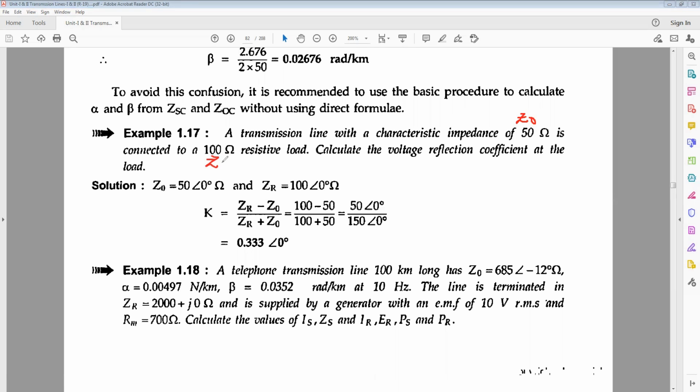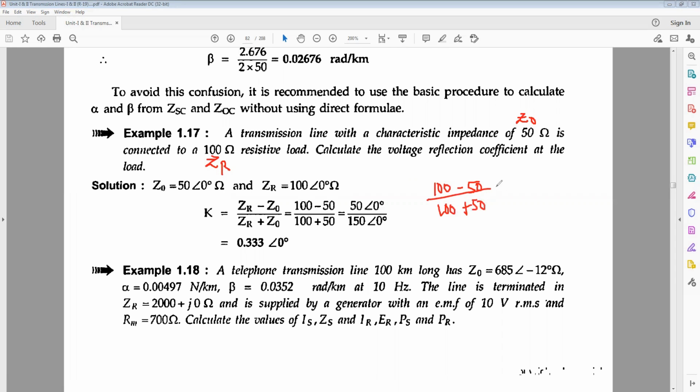This means ZR has a magnitude of 100 and an angle of 0 degrees. So ZR 100 minus Z0 50, by 100 plus 50.